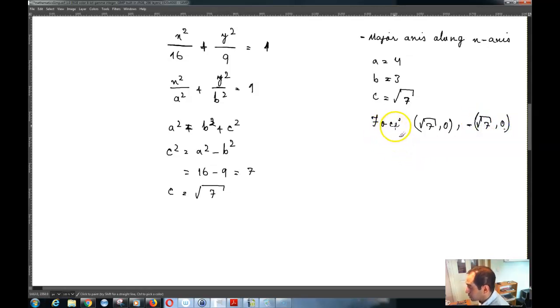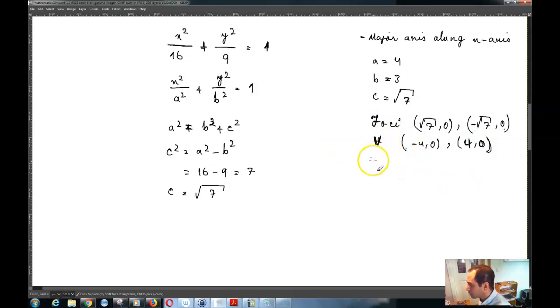Then you need the vertices. The vertices would again be along the x-axis, at a distance of a from the center, that would be negative 4, 0 and 4, 0. So these are the vertices.